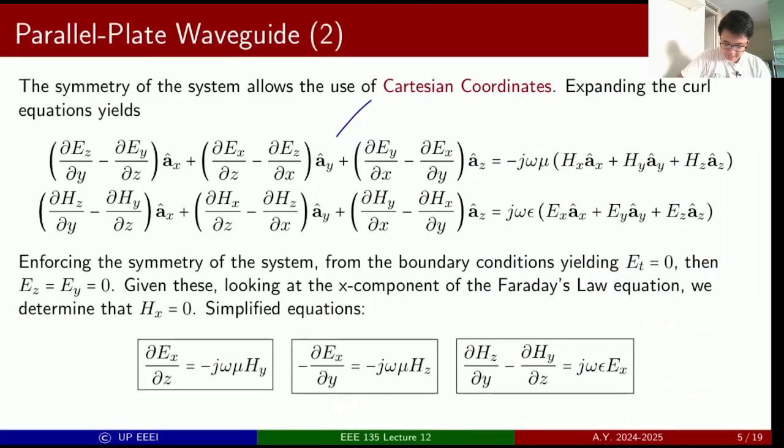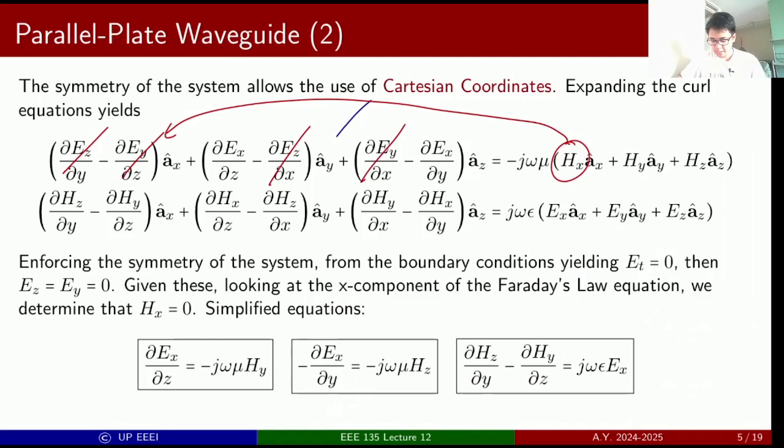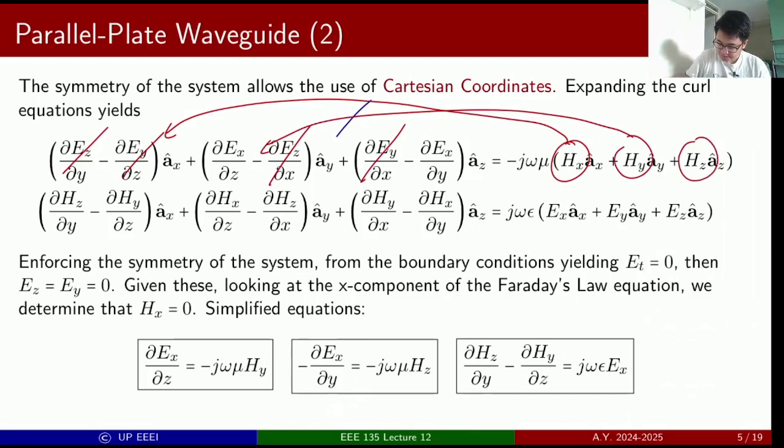So Ez and Ey will disappear, and as a consequence, Hx will be 0. So Hy will be related to a change with respect to z, and Hz will be related to a change with respect to y.